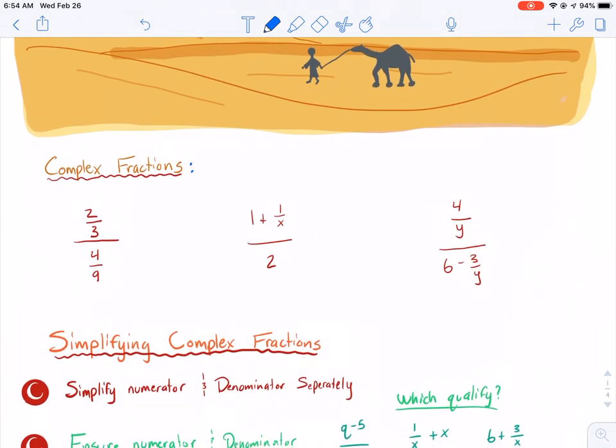It is simply a division of two or more fractions. If we look here, we see we have 2 over 3 divided by 4 over 9.